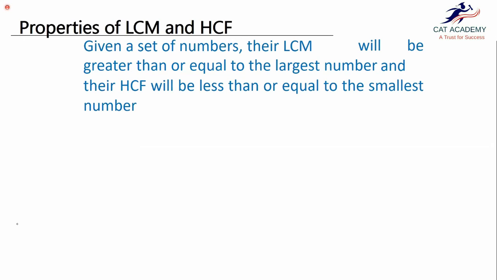That LCM of any two numbers can never be less than the greater number and HCF of two numbers can never be greater than the smaller number. Is everyone clear with this property? Yes or no, guys?